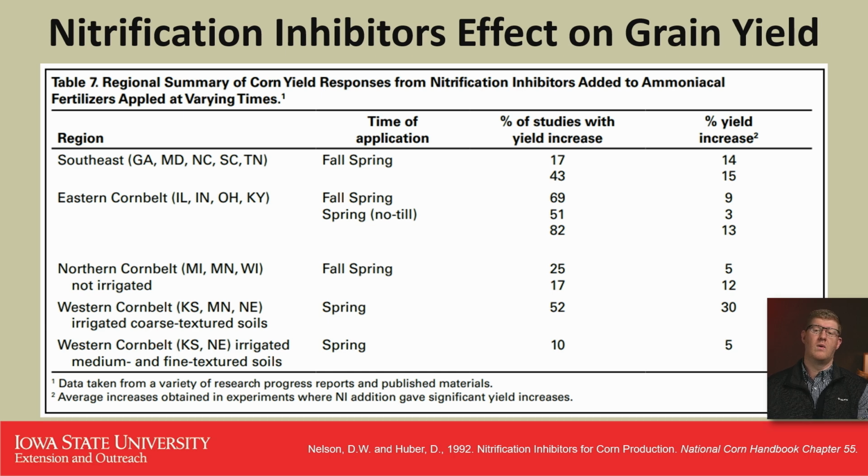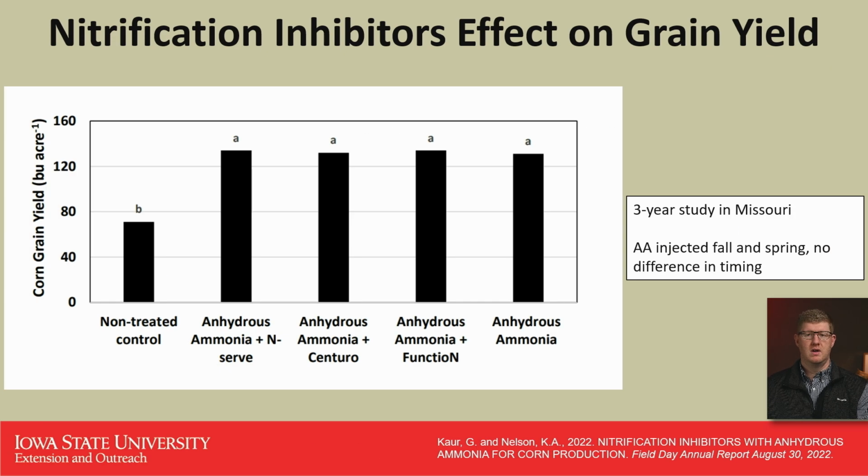While I would love to sit here and tell you that you have a 50% chance of seeing a yield increase, and that could be a 10% increase, unfortunately, as we move through the rest of the presentation today, you're going to see that it might be time that we update this National Corn Handbook, or at least put out a new publication with an updated table to give us a better idea of what the current science is saying. So, the first study that I'll share with you is actually from the University of Missouri.